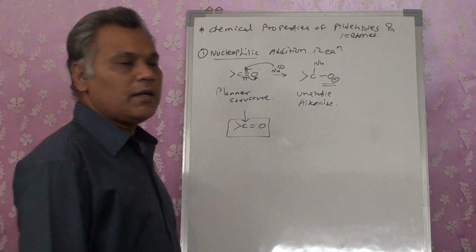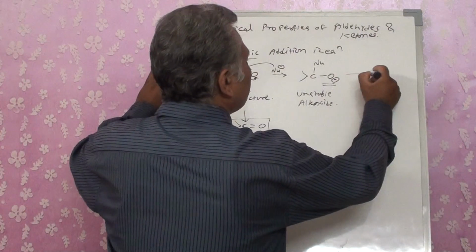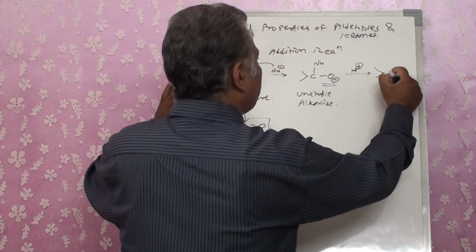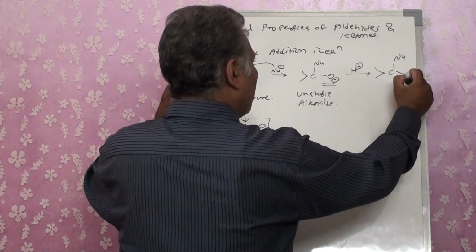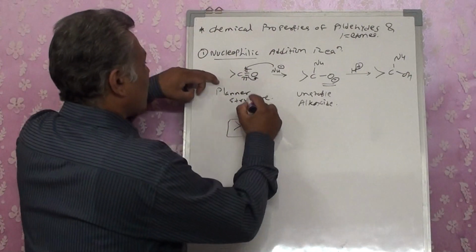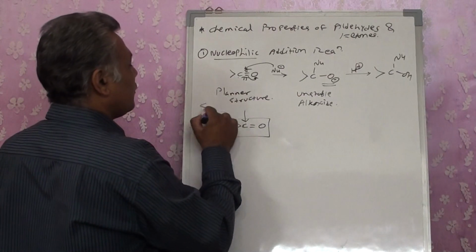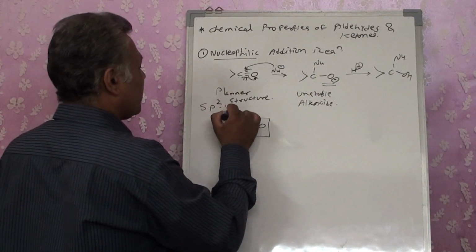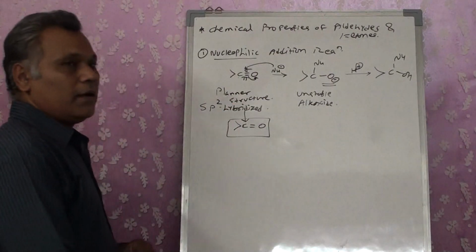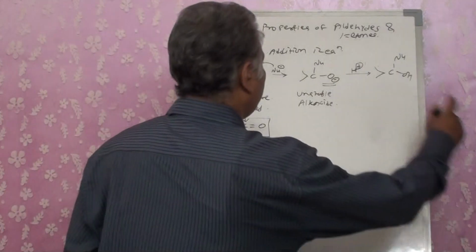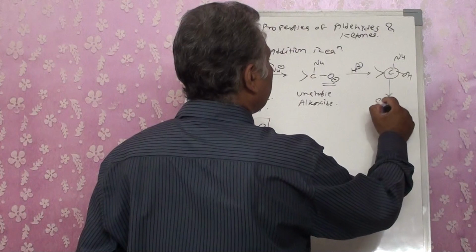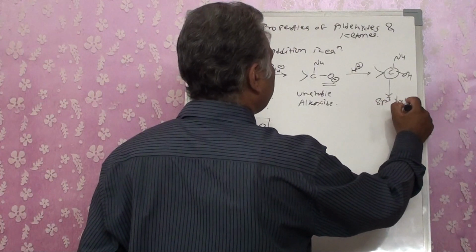This alkoxide reacts with H+ and gets converted into an OH group. Initially the carbon present in the compound was sp2 hybridized, and the carbon we get now is sp3 hybridized.